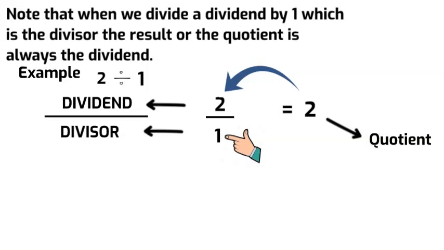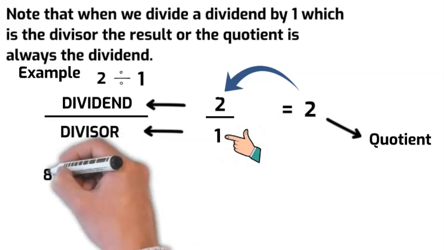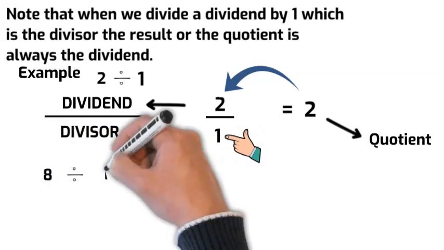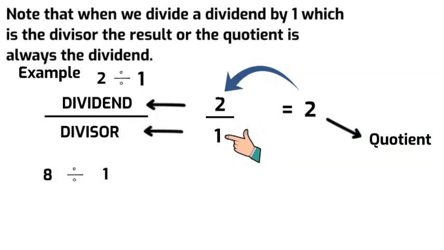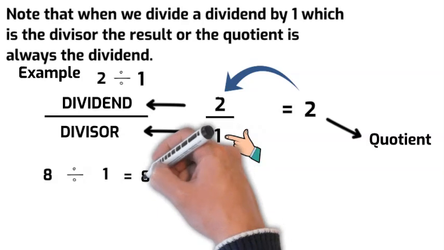So 2 divided by 1 is equal to 2. Next, we have 8 divided by 1. 8 is the dividend and 1 is the divisor. 8 divided by 1 is equal to 8.